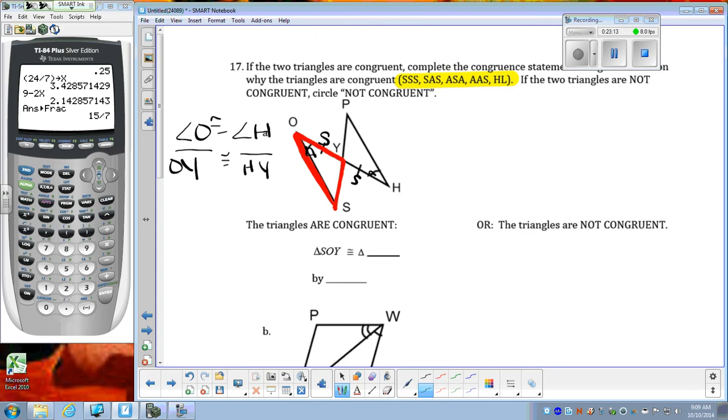And I also have these vertical angles here, so I know that angle OYS is congruent to angle HYP. So these are an angle. So I know that these two triangles are congruent by angle, side, angle. And so SOY is congruent to PHY.